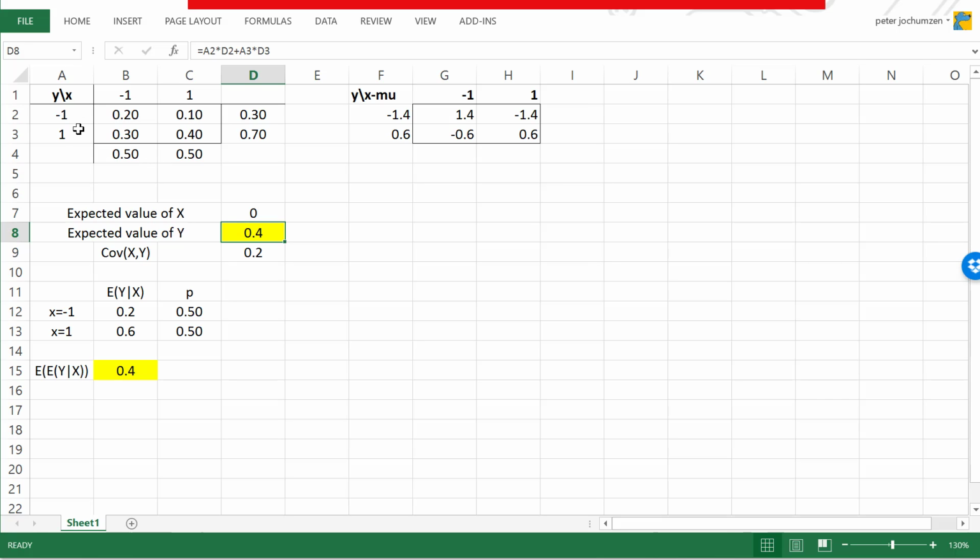The weighted average of minus 1 and 1 with these two weights, clearly that's positive. The conditional expectation is this random variable, 0.2 with probability 50%, 0.6 with probability 50%. And if you take the expected value of that, you get 0.4, exactly the same numbers here.